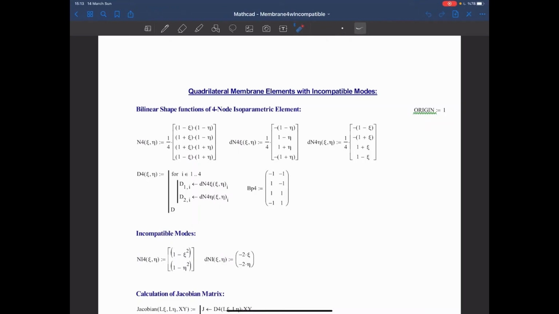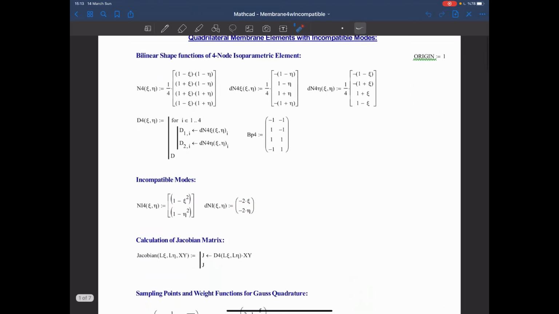Now let's take a look at the implementation of the quadrilateral membrane element with incompatible modes. Here I'm defining two different shape functions. One of them is the bilinear shape functions. This is it, and these are the derivatives of it. And I have introduced new shape functions, the higher order terms, 1 minus psi squared and 1 minus nu squared, and these are the derivatives of it.